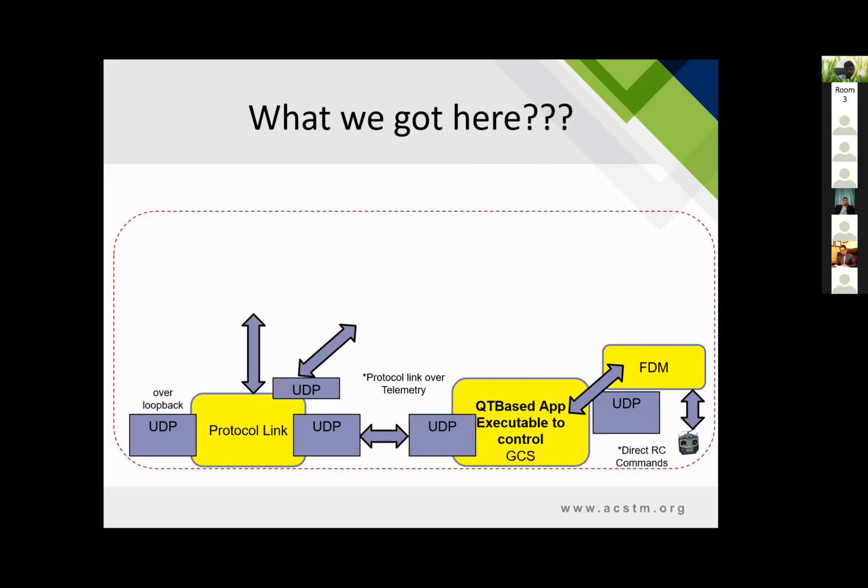After that, we communicate our telemetry and communication protocols within the system, and it communicates with the flight dynamic model as well as the ground control station. If we take an example, there are two very well-known ground control stations at the moment.